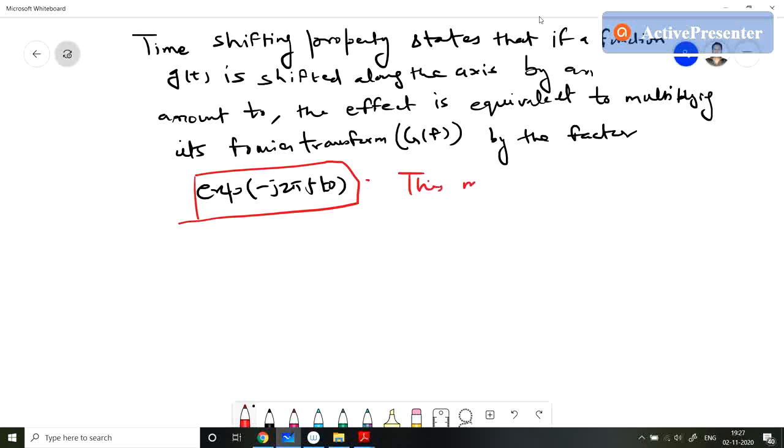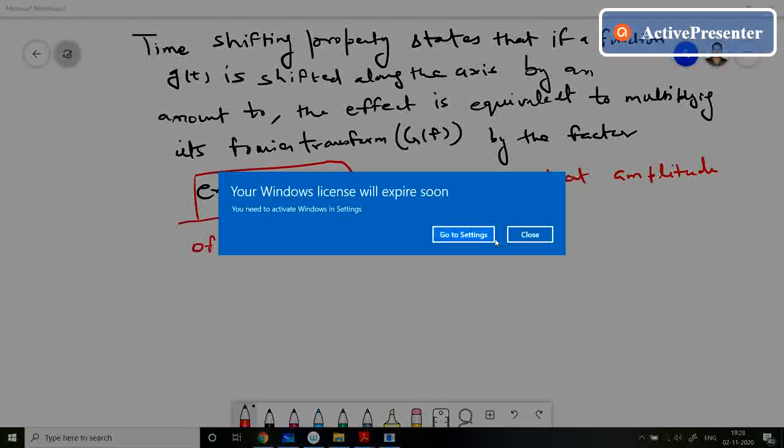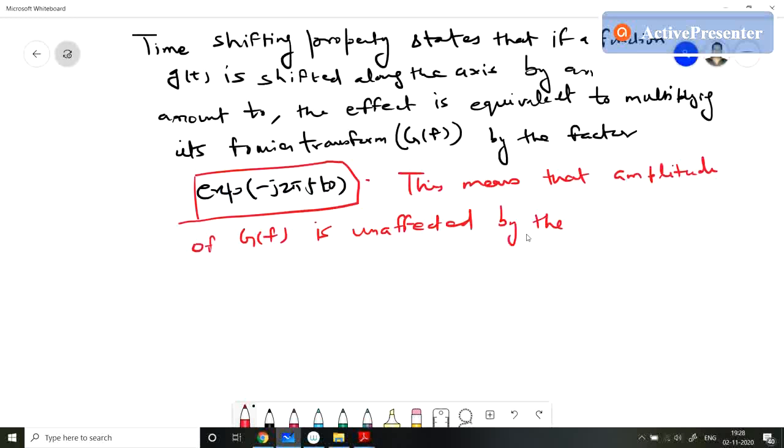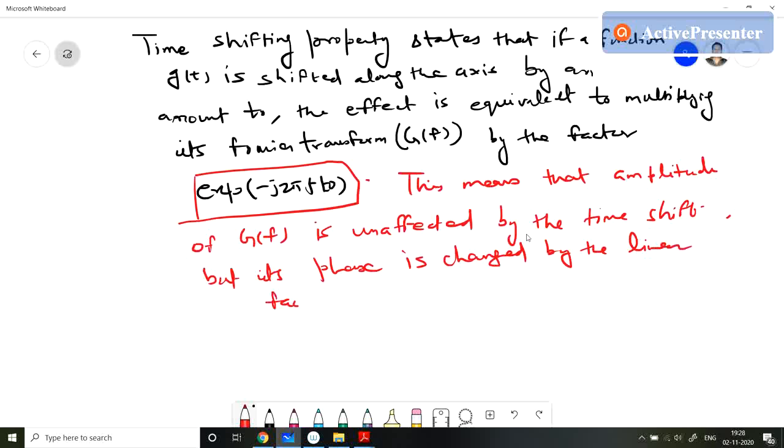This means that the amplitude of G(f) is unaffected by the time shift, but its phase is changed by the linear factor minus j 2 pi f t naught.